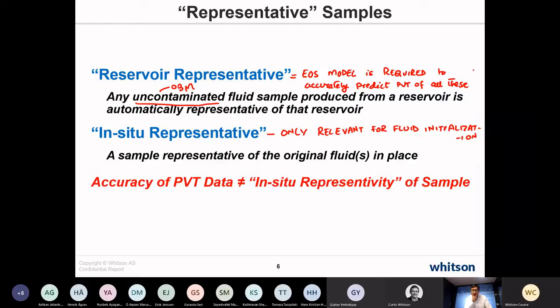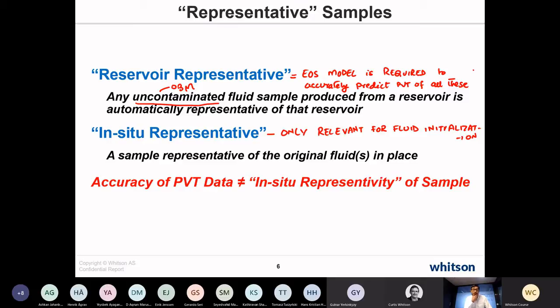And that's something Curtis mentioned, that like these reservoir representative samples, and if we have PVT data measured on those samples, we would like our equation of state model to predict accurately all the PVT data for those samples. And the reason is because the accuracy of PVT data is not the same as the in situ representativity.